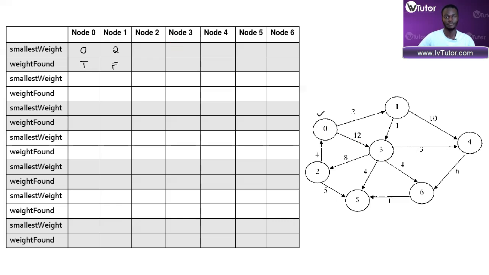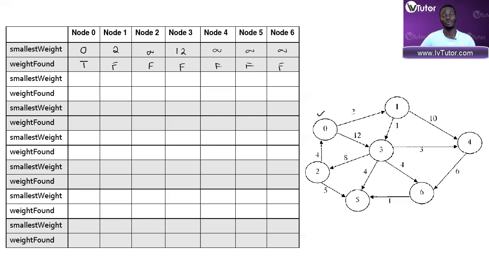So this is 12. False. It's only those 2, to 1 and to 3. You cannot go to 2 because of the direction. So everything else becomes infinity. So I go here, false, false, false, false. Okay. Then I go to the next iteration.